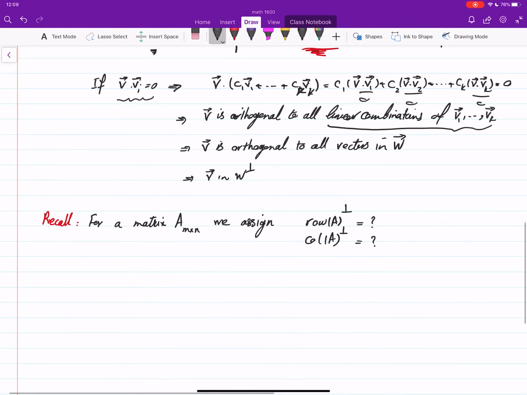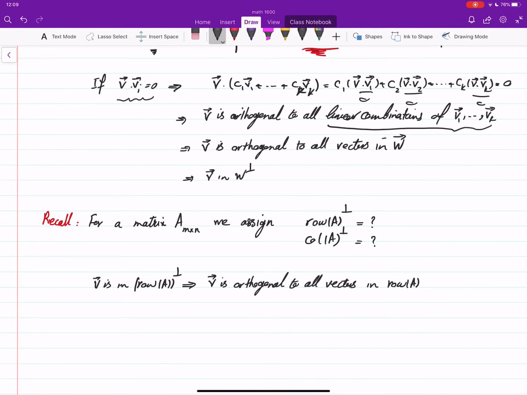Let's assume that v is in the row space of A perp. That means that v is orthogonal to all vectors in the row space of A. But we know that the row space of A is the span of the rows of A. So let me write row 1 up to row m, m rows we have.